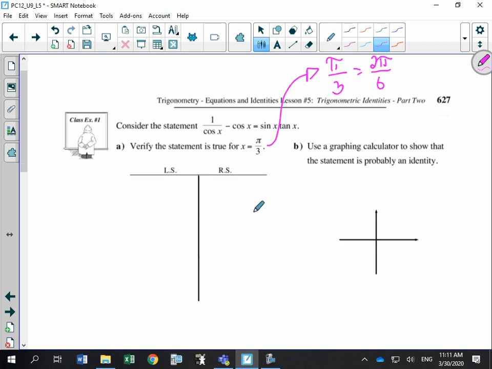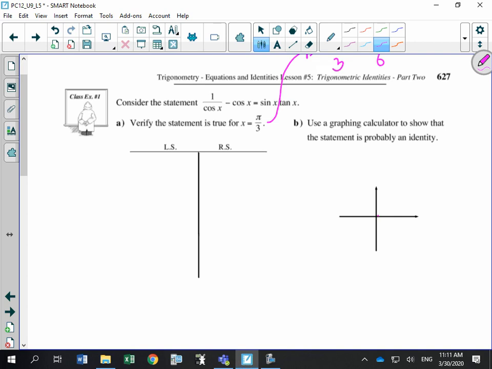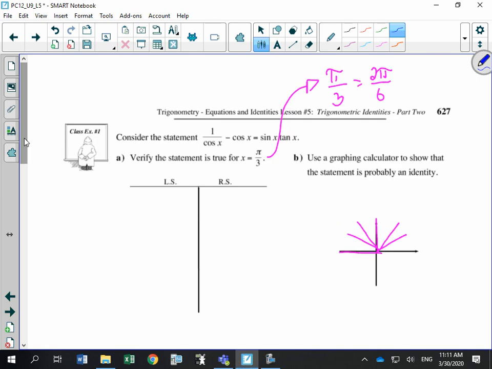So where on my unit circle is 2 pi over 6? Here's 1 pi over 6, 2 pi over 6. Remember, this is 3 pi over 6, 4 pi over 6, 5 pi over 6, 6 pi over 6, so that's pi. But 2 pi over 6 would be right here. So that's 2 pi over 6, which is pi over 3. And remember that's essentially 60 degrees.